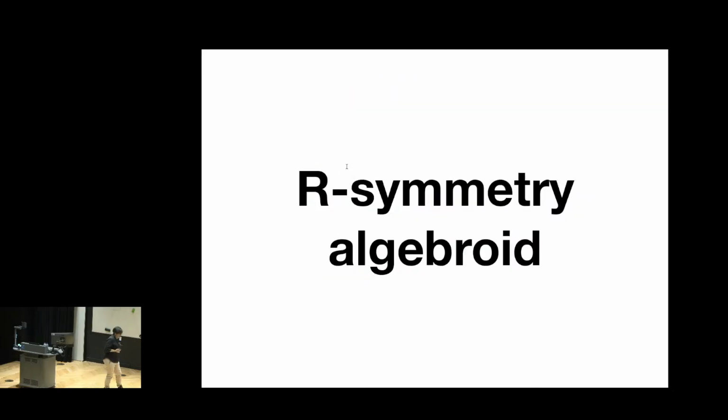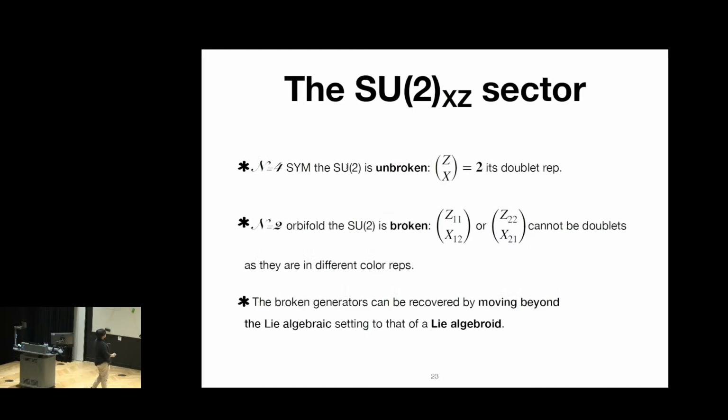Now, that's not all. There is even more symmetry in the game. The R-symmetric algebroid, we call it. If you don't like the name, I'm not attached to any name. This is what acts on these spin chains. So in N=4 super Yang-Mills, very happily, we had an SU(2), and the X and the Z were forming a doublet of this SU(2).